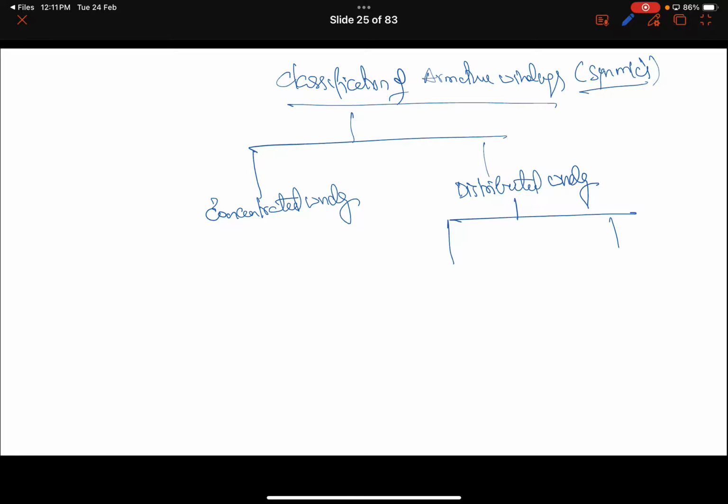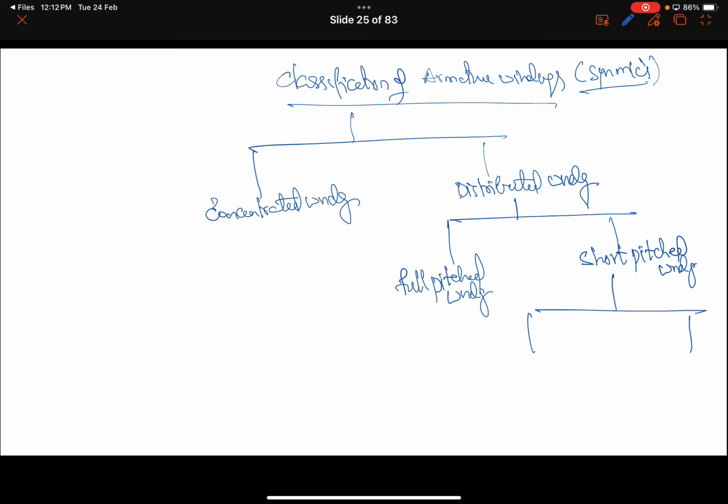So distributed winding, again here I am saying full pitched winding. Second one is short pitched winding. So anyone, what is the next classification?